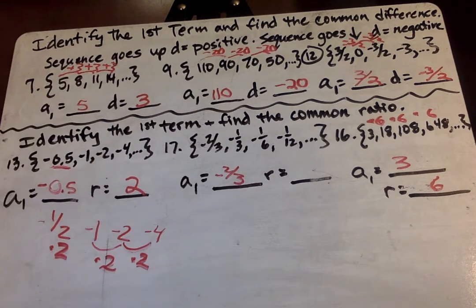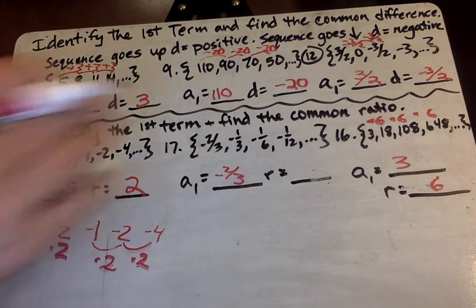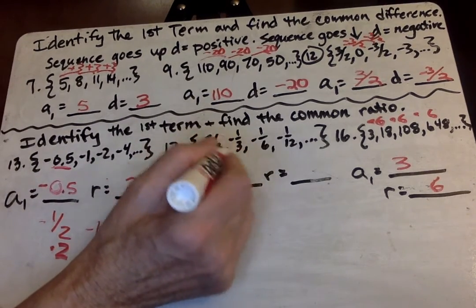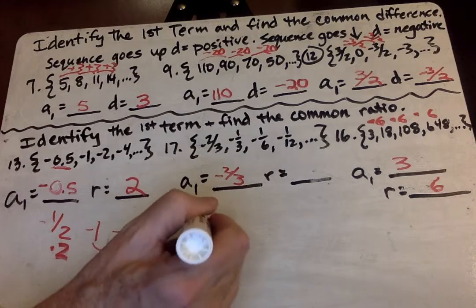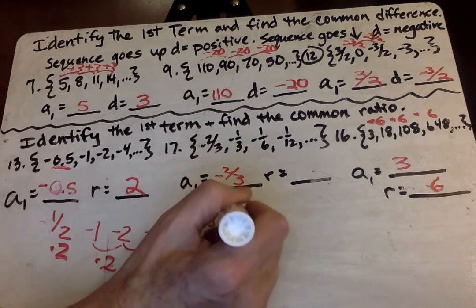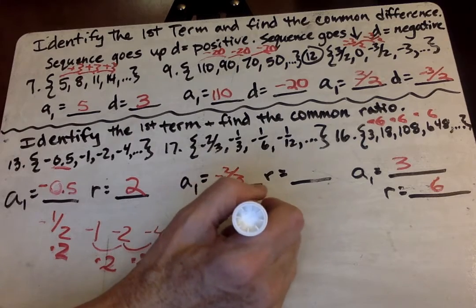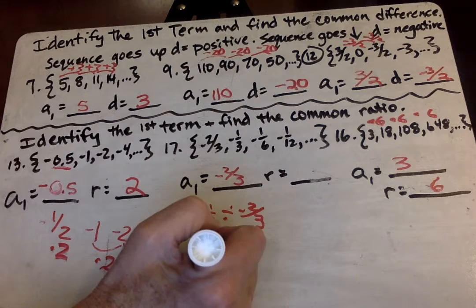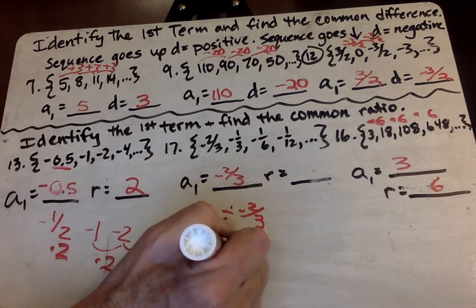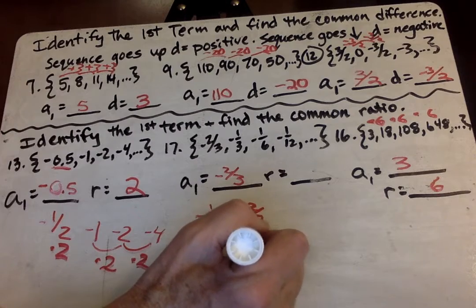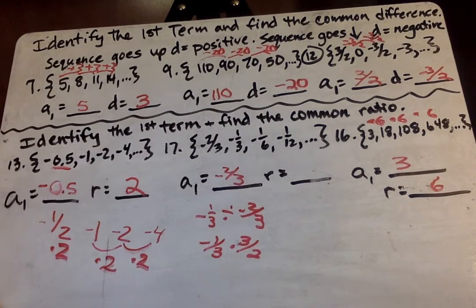Okay? Now, last one here, I'm going to take negative 1/3 because I have no idea what you multiply that by to get negative 1/3. So I'm going to take the second one, negative 1/3, and divide it by negative 2/3. Now, if you remember back in elementary school or even in middle school, you go negative 1/3 times, and I flip the second one, 3 over 2.